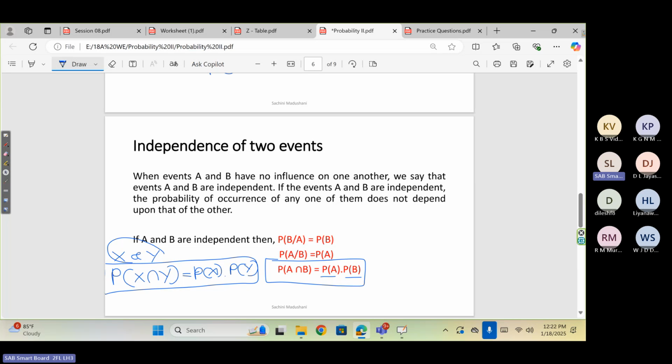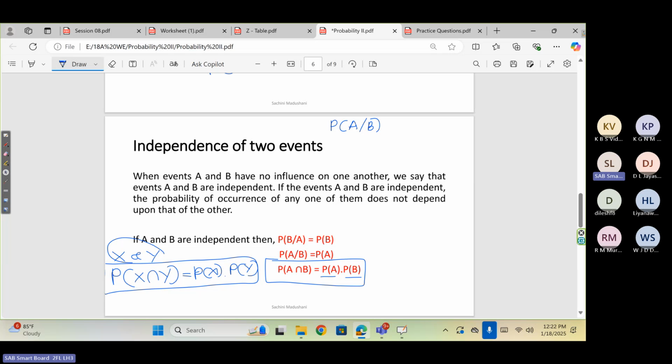It's clear? Okay. Then the other one: on the previous slide we discussed the conditional probability concept. Here we take A given B. What is the first event here?